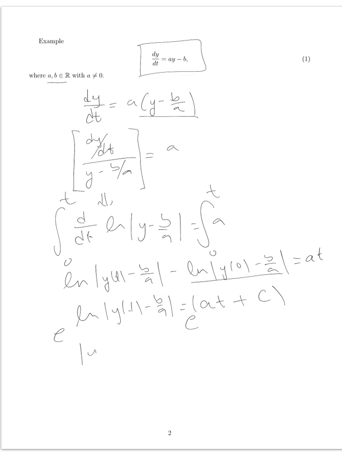And this gives me y of t minus b over a is equal to, using the rules of the exponential, e to the at times e to the c. This is nothing more than just another constant, but again, I'm just going to denote everything by c. Now c could be positive or negative, so I can get rid of the absolute values, giving me that y of t is this arbitrary constant c times e to the at plus b over a.